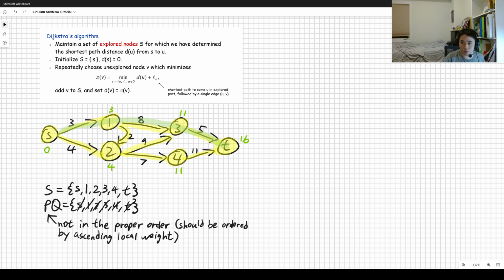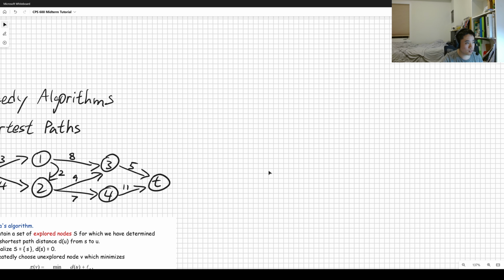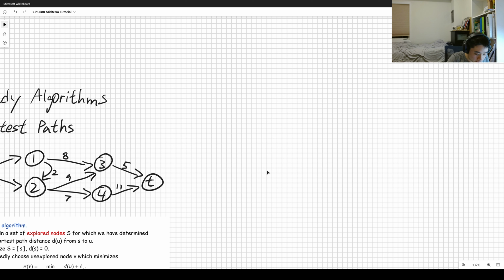There's one more algorithm for greedy algorithms called minimum spanning trees. So let's go ahead and look at that. For minimum spanning trees, it's actually at least a little bit simpler to explain, but it is also a type of greedy algorithm because it builds edge by edge.